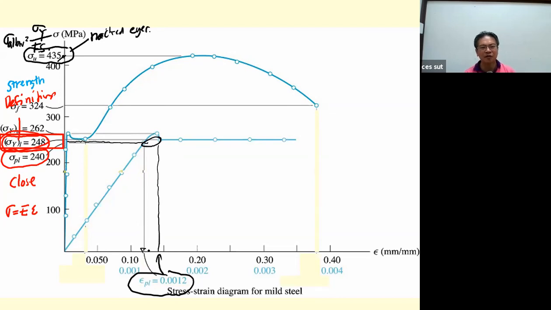This value of strain is small. So at the point of yielding, the deformation of the structure is small. That is going to be small deformation, and this small deformation is one of the assumptions we use to analyze and design the structure.